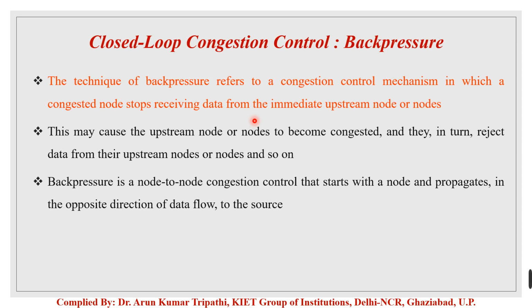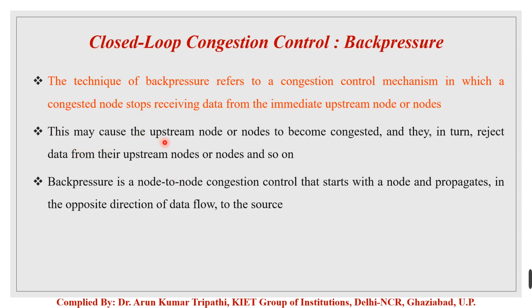First one is the back pressure. The technique of back pressure refers to the congestion control mechanism in which the congested node stops receiving the data from the immediate upstream node or nodes.